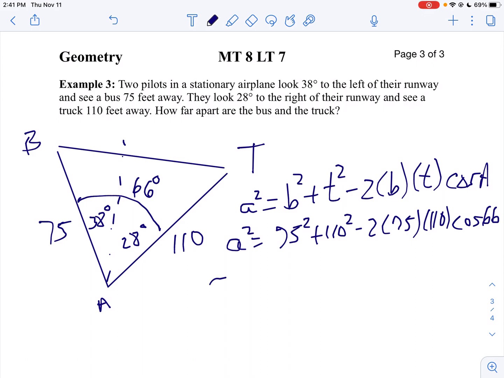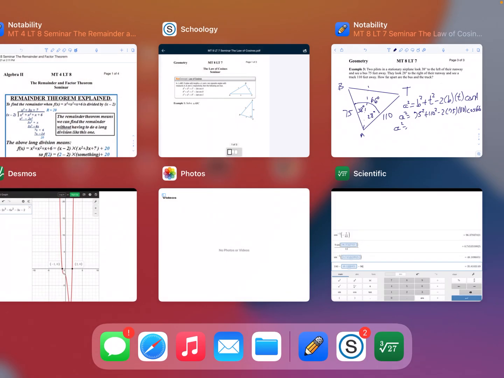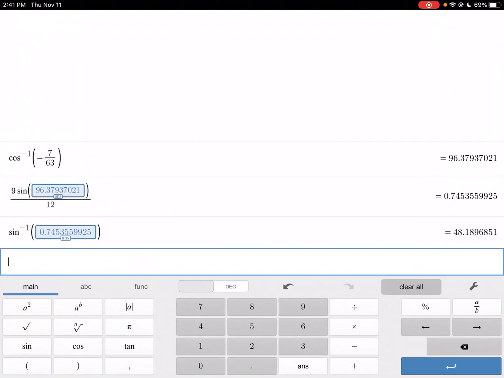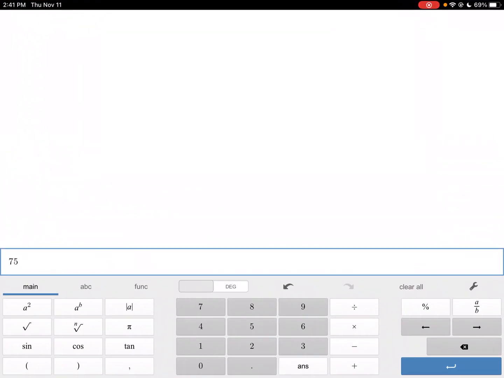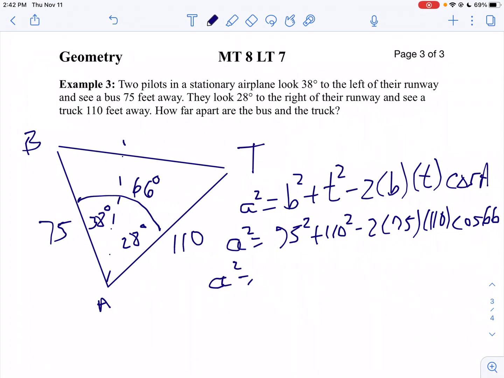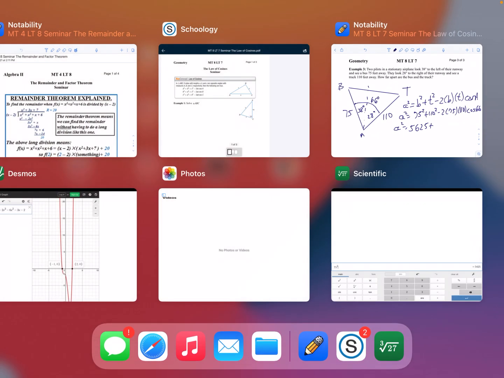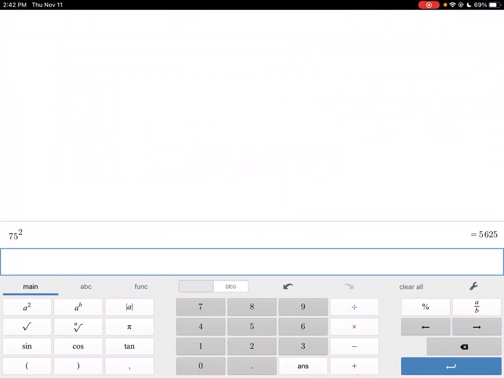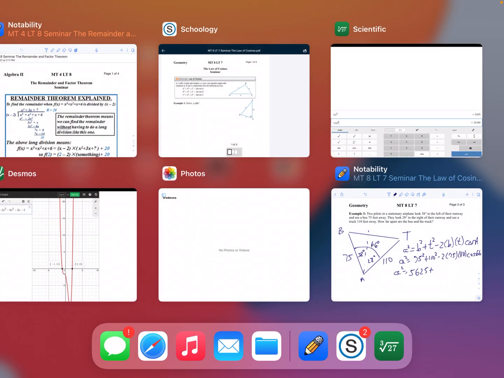So now, let's do some simplifying. 75 squared is 5625. So I'll take 5625 plus 110 squared is 12,100.